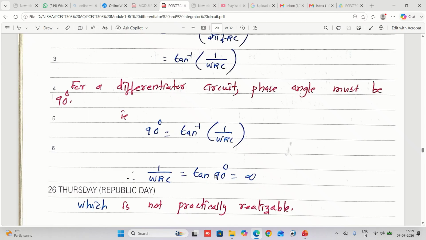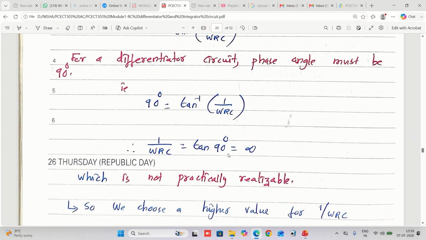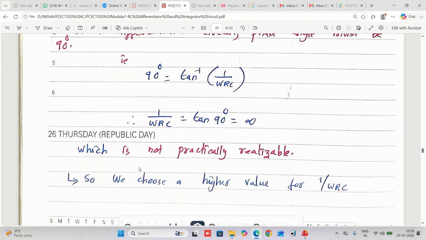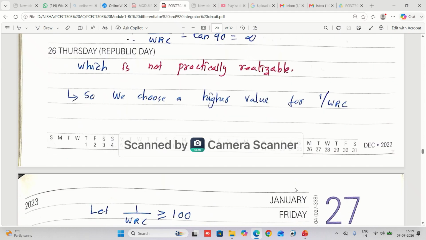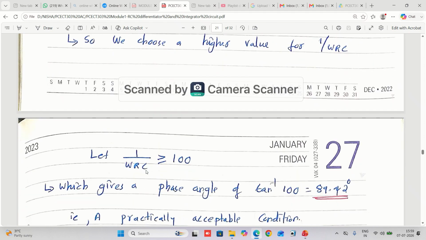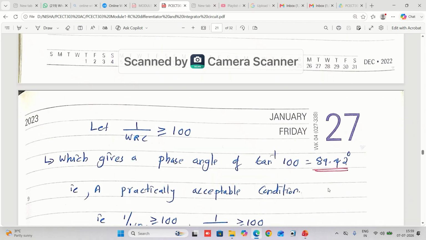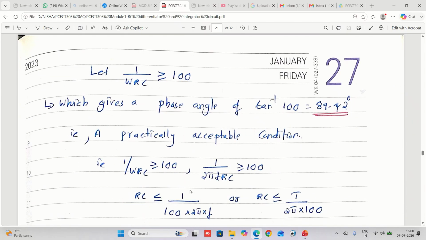So we select an angle nearly 90 degrees, and choose a higher value for 1 by omega RC. Let 1 by omega RC be very much greater than 100. 100 gives a phase angle of tan inverse 100, that is 89.42 degrees, which is a practically acceptable condition.